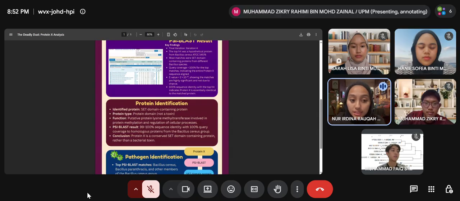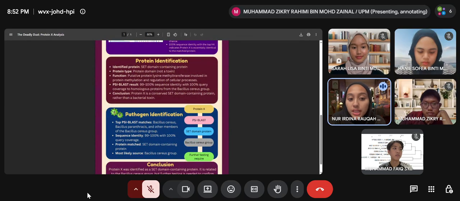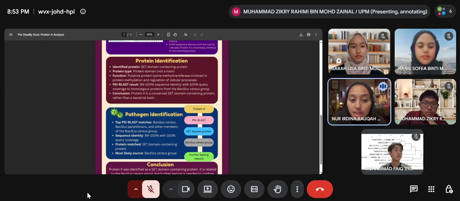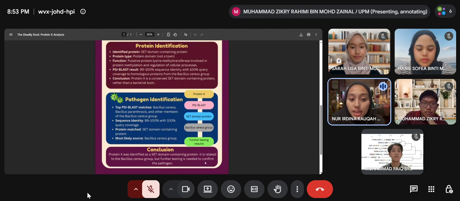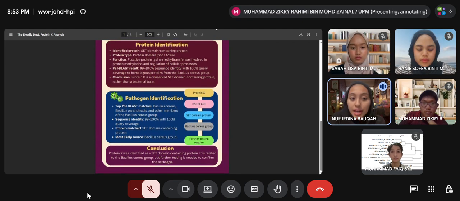Based on these findings, we concluded that protein X is not a bacterial toxin, but rather a conserved SET domain containing protein, which is believed to function as a protein lysine methyltransferase involved in protein methylation and the regulation of cellular processes. In conclusion, the SciBlast analysis successfully identified protein X as a SET domain containing protein with very high sequence similarity to proteins from the Bacillus cereus group.